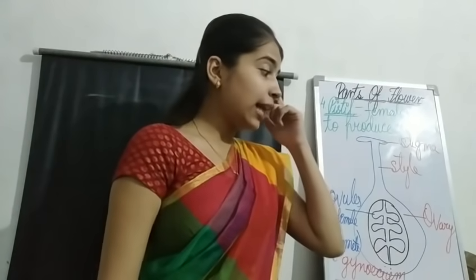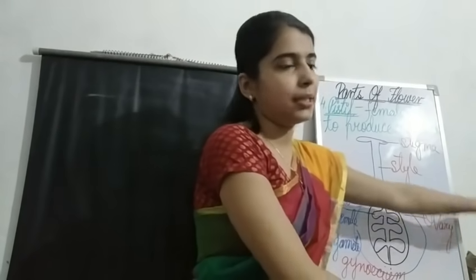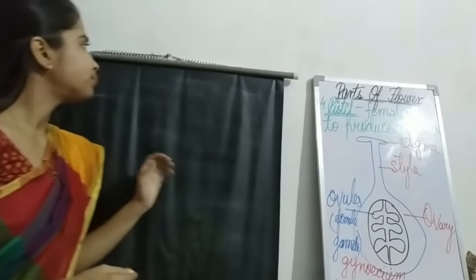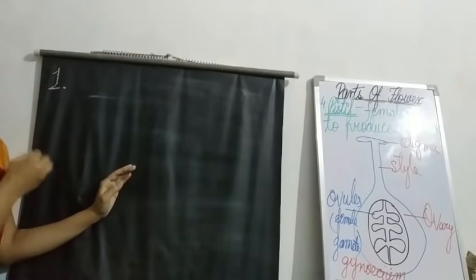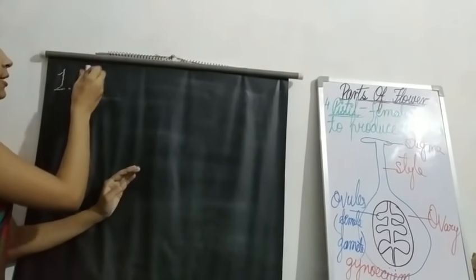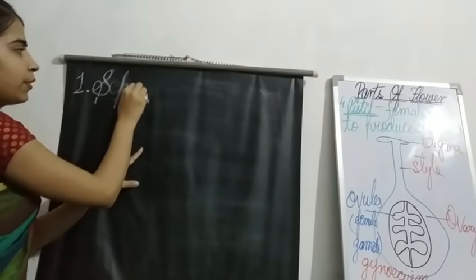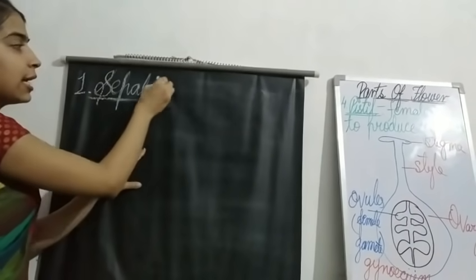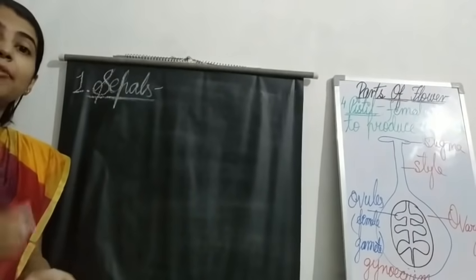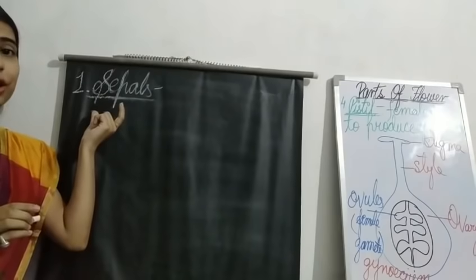Now I'll give you once again a revision of all these parts. The 4 whorls: the first whorl that opens up is your sepals. The first whorl of the flower is your sepals, and the sepals have a leaf-like structure. Also, what is the function of the sepals?